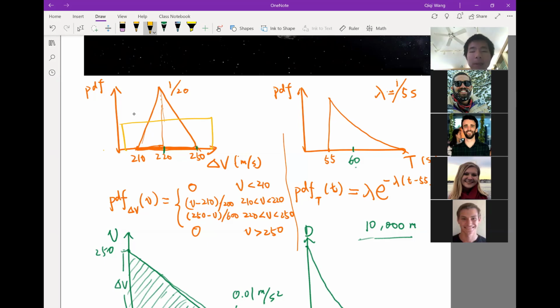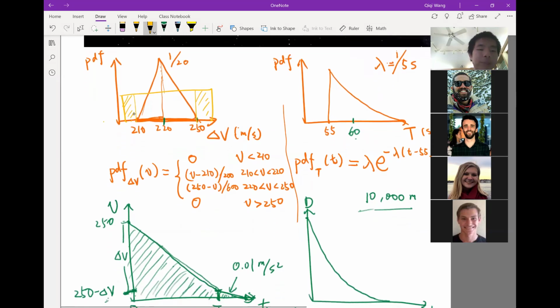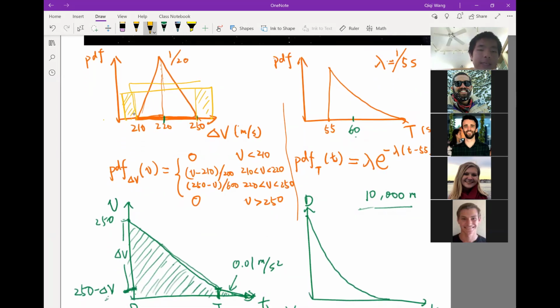But then I'm going to be wasting a lot of samples because I have to reject everything below 210 and everything above 250, because the ratio of the PDFs is going to be 0. The triangular distribution has 0 PDF there. So the narrowest, most efficient uniform distribution to use is between 210 and 250, right?